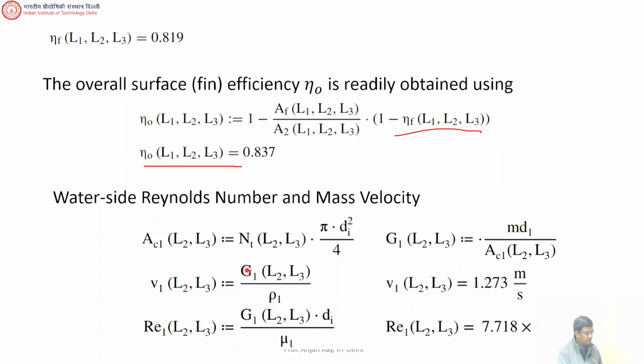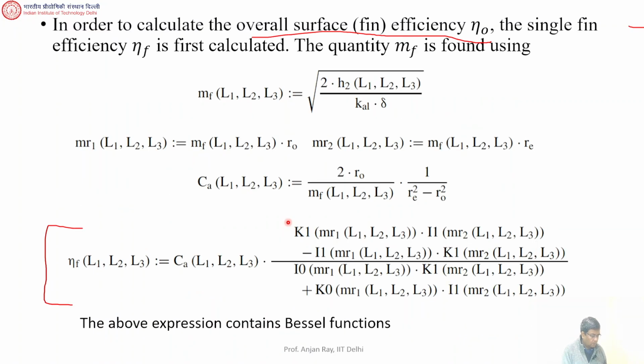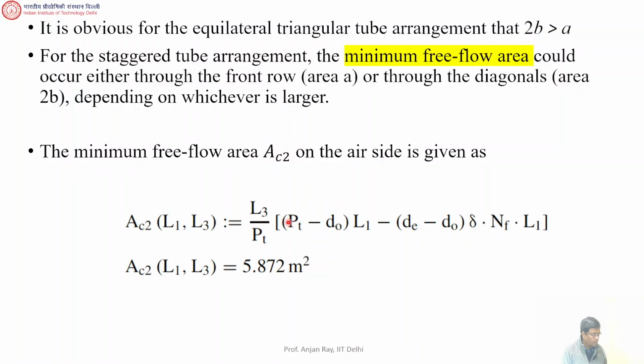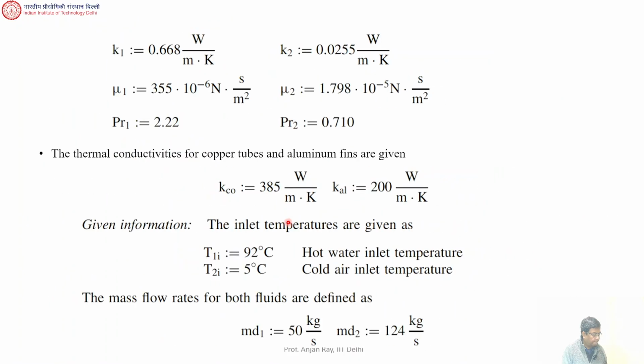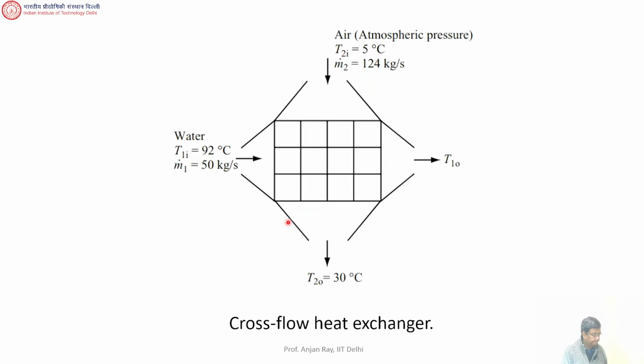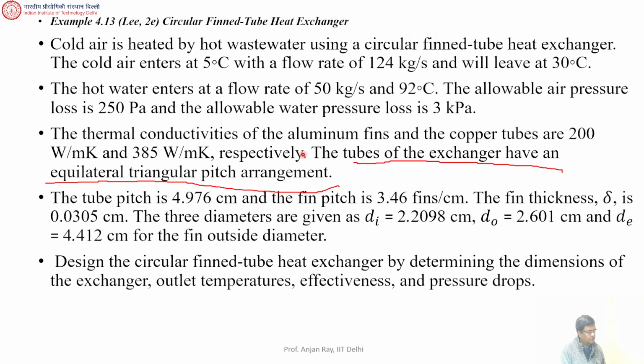Now let's also see water side Reynolds number and mass velocity. So what are the fluids? Like, this is an example problem, isn't it? So what are the fluids we were talking about? So this is hot wastewater.